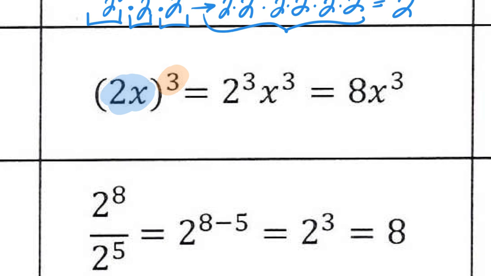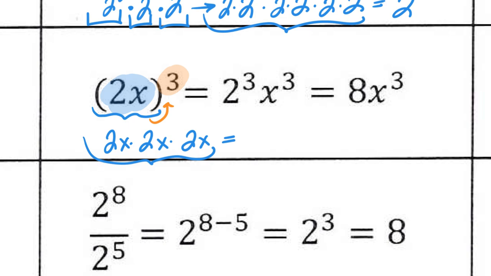So what I'm seeing is this entire group will show up 3 separate times. So 2x, 2x, and 2x. Because they're all being multiplied, now I can just say 2 times 2 is 4, times 2 is 8, and x shows up 3 times. It's a little bit more writing, but it's not a whole lot more work.